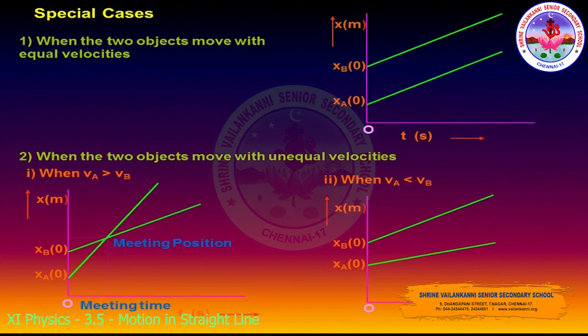After some seconds we can notice that the position-time graphs gradually move apart. This is the case when VA is less than VB, where the relative velocity V2 minus V1 is positive.